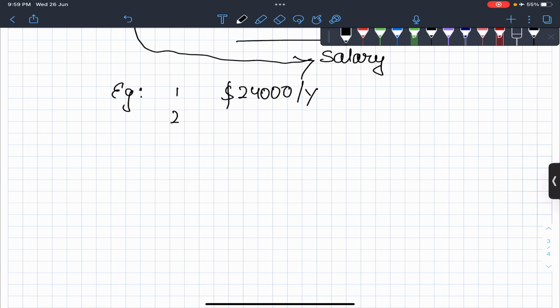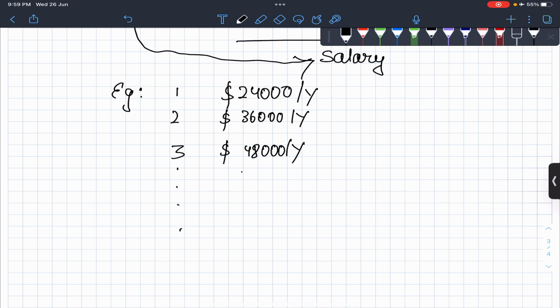If he spent 2 years, then he would get 3,000, which is nothing but 36,000 per year. Then 3 years, which would be 4,000, which is nothing but 48,000 per year. And on and on.